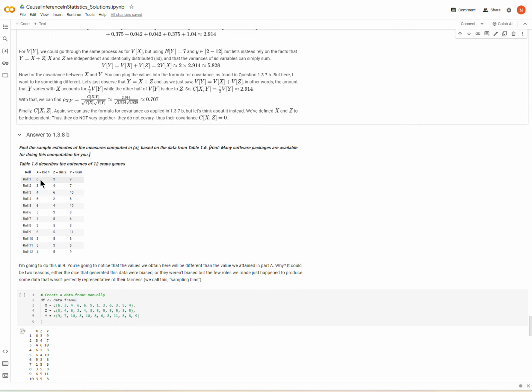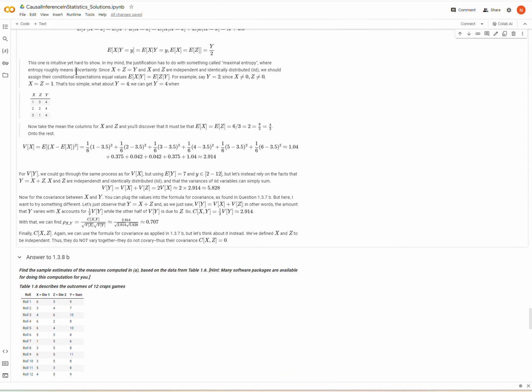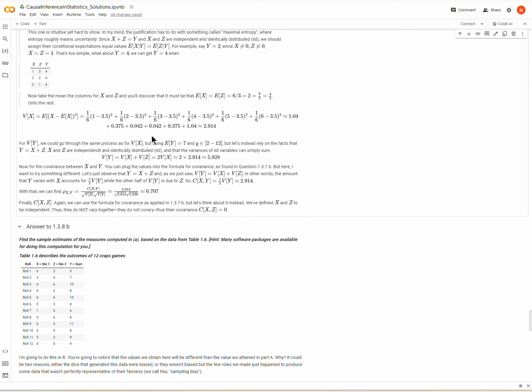We have x, die 1, die 2, and then there's the sum. The difference between pristine data or infinite data is that this will converge, or infinite data will converge to perfect data, or the expectations. How do I want to say this?